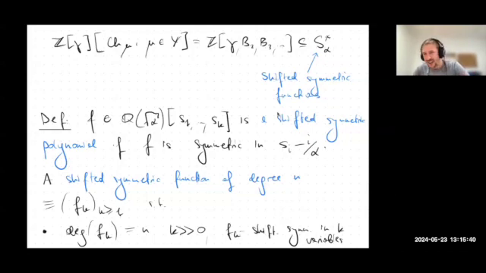There are many different operators acting on either Jack or Macdonald in a nice way, such that Jack or Macdonald are eigenfunctions. They're all very closely related to each other, but there are subtle differences, and sometimes these differences really matter.